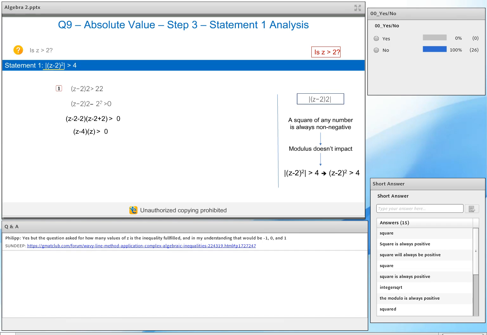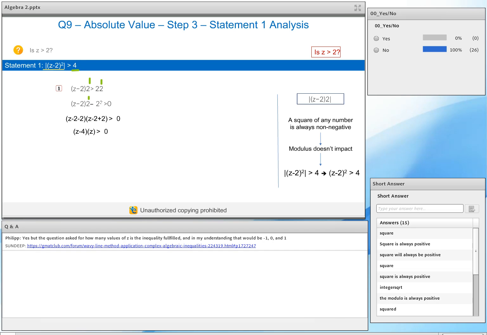So what I can do is remove the mod. Pardon the glitch here; all of these twos are actually squares. So we end up with (z minus 2) whole square is greater than 2 square, because 4 is 2 square.